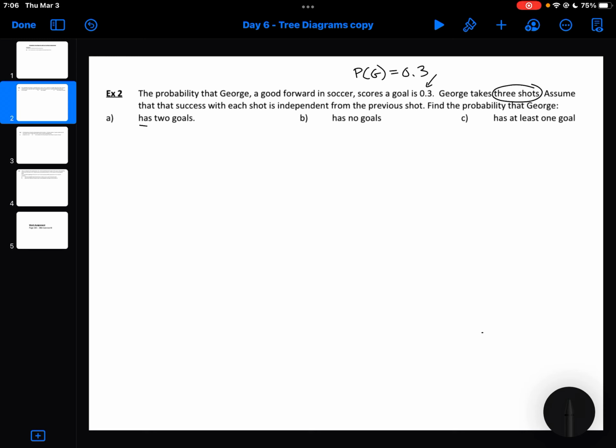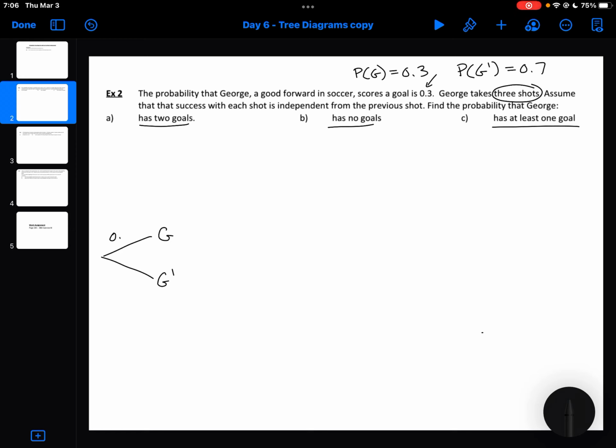So we're going to find the probability that George has 2 goals, has no goals, and has at least 1 goal. So if we know the probability that George gets a goal is 0.3, the probability that he doesn't get a goal is 0.7, and I'm going to use that feature to set up my tree diagram. So the first shot George takes, it could go in or it could not go in.